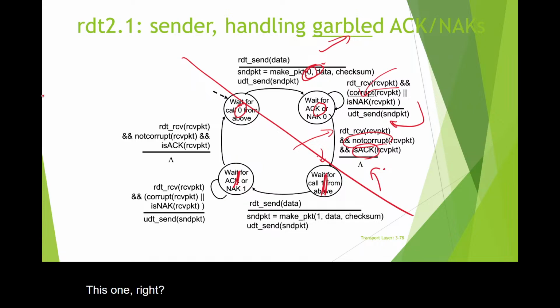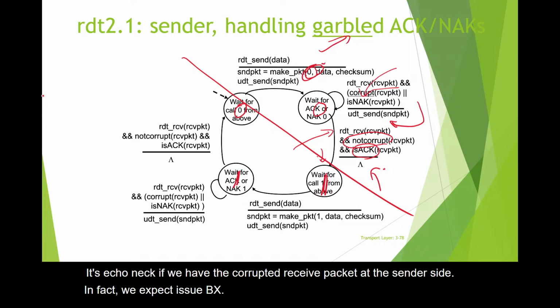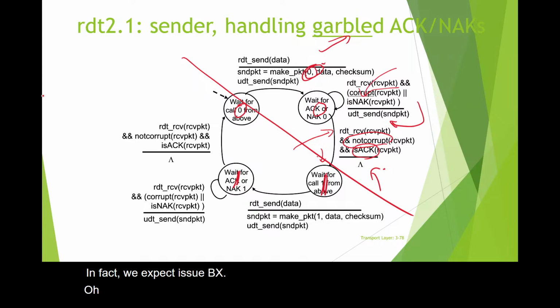For this one, actually, we have the way to do for the conversion. I receive it, but I cannot tell it's ACK or NAK if we have the corrupted receive packet at the sender side. In fact, we expect it should be ACK or NAK, but right now because of the corrupted version, we don't know ACK or NAK.